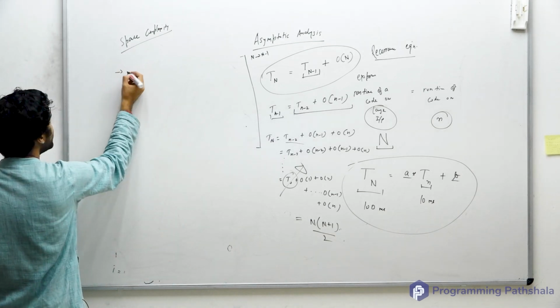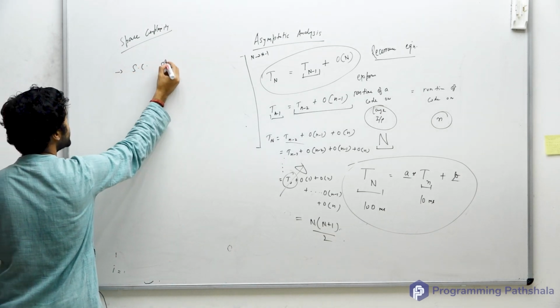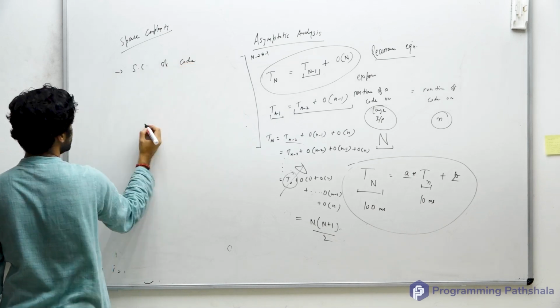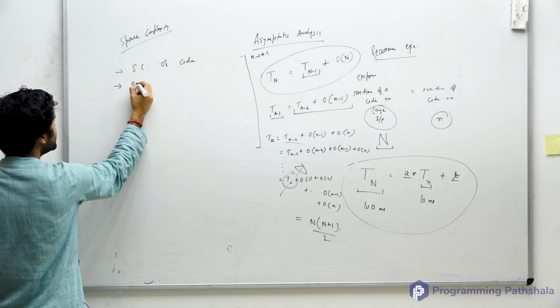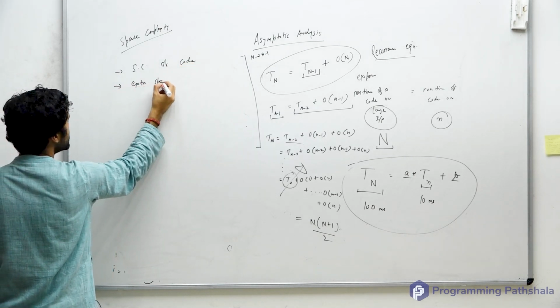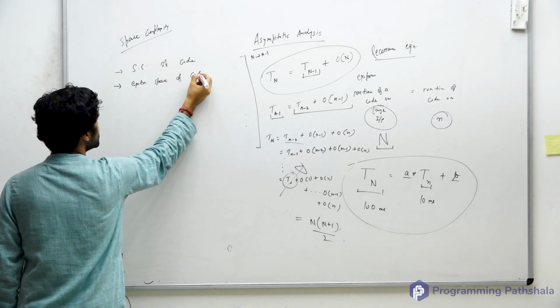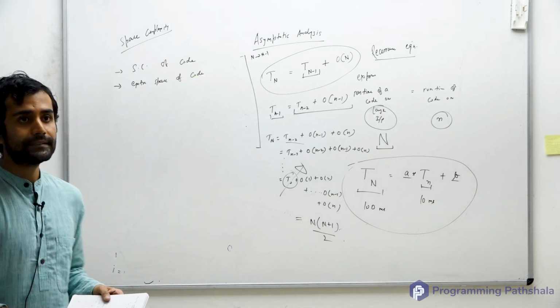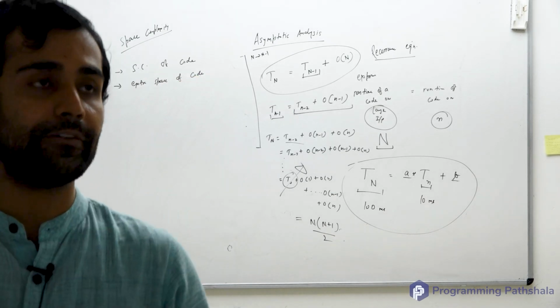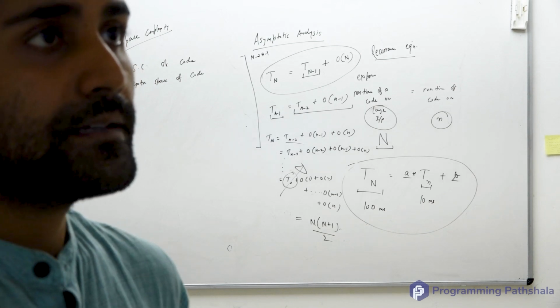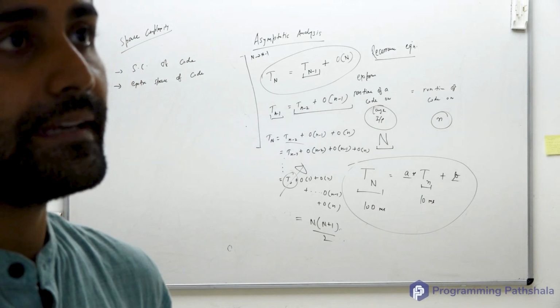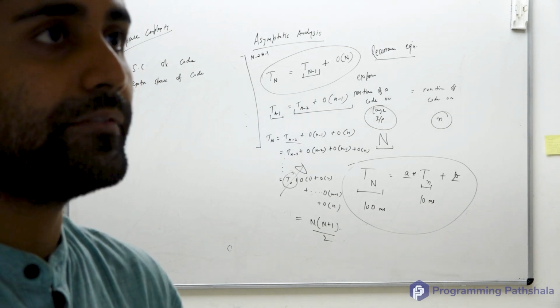First, somebody will ask you, tell me the space complexity of your code. And somebody will ask, tell me the extra space of your code. What do you think? Are these two things the same or different?